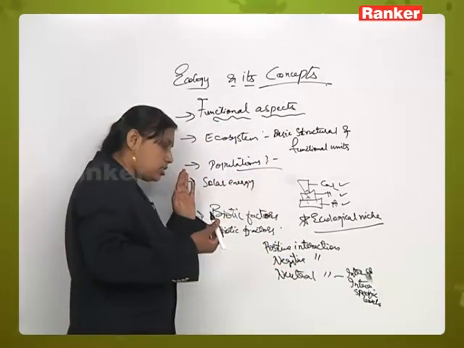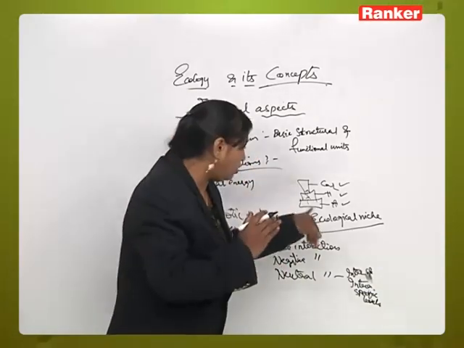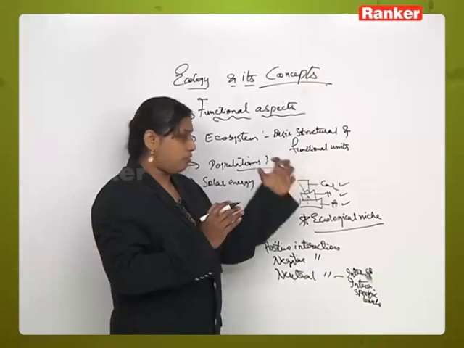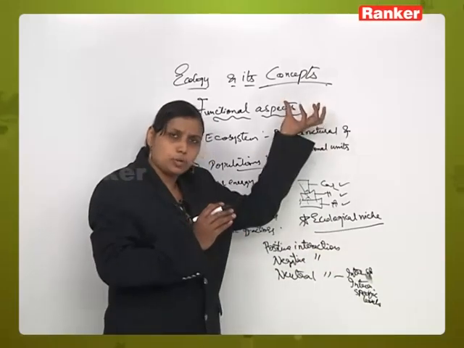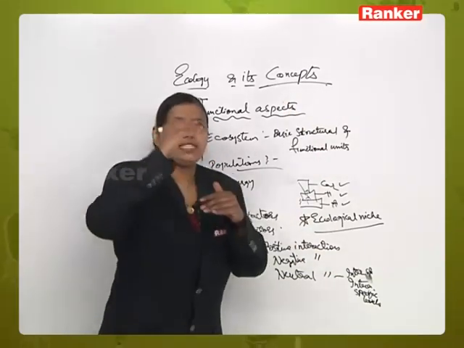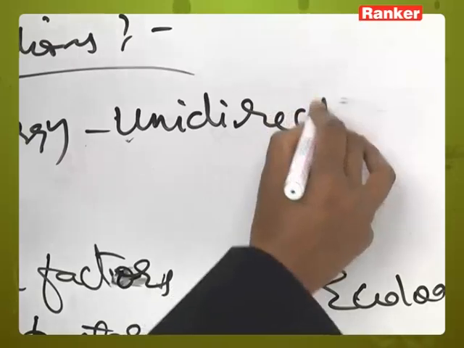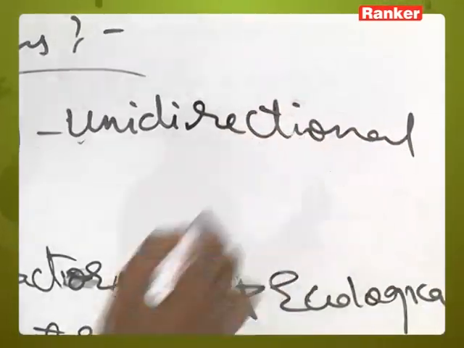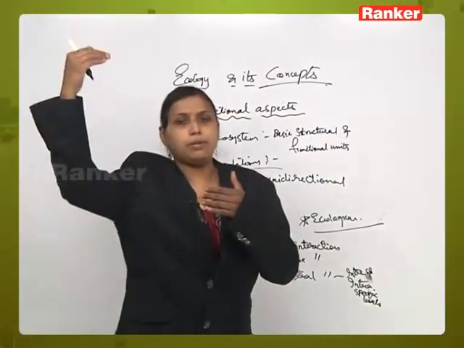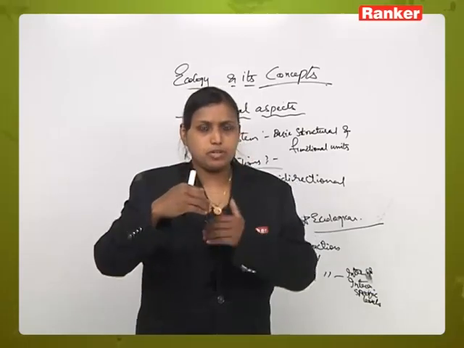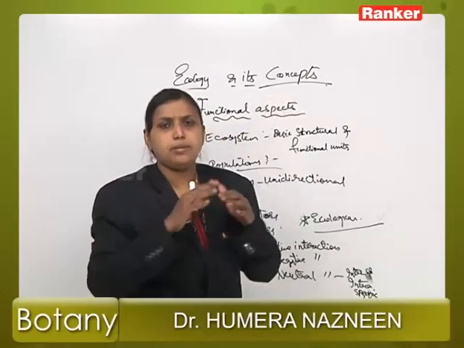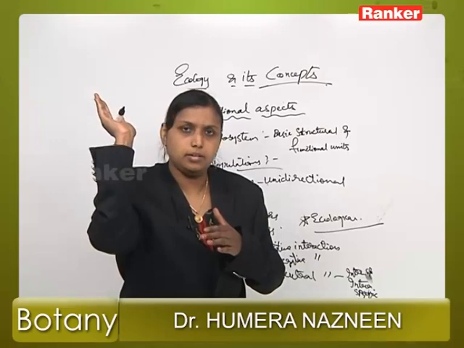Now the flow of energy from one trophic level to the other, from the lowermost organism to the topmost organism, occurs stepwise, and the flow of energy from one trophic level to another is unidirectional. What does unidirectional mean? The energy coming from the sun is transferred to different levels of organisms, but it is not given back to the sun again.